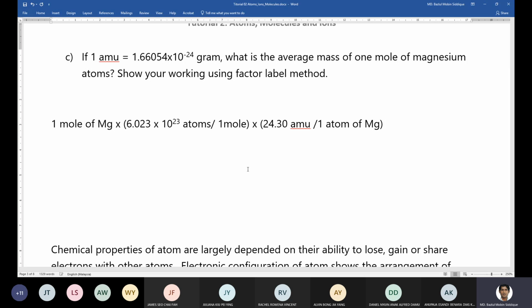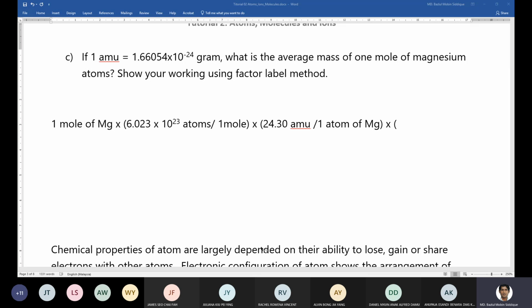Then from here we found how many atoms, and in 1 atom how many AMU, and in 1 AMU how many grams we can find as well.